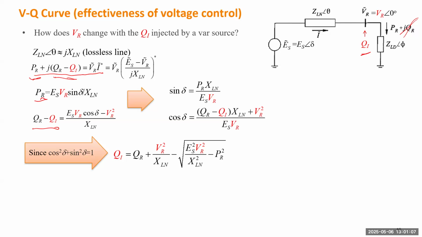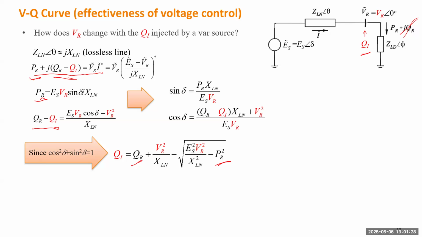To make this equation more useful, we want to specify the active power, which means when we study the control for this system, we don't want the active power PR to change. So we want to make this PR fixed. Because PR is fixed, if the power factor is also constant, QR is also fixed.